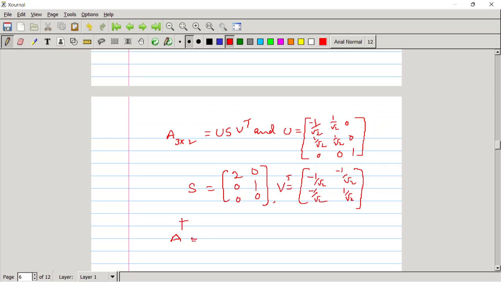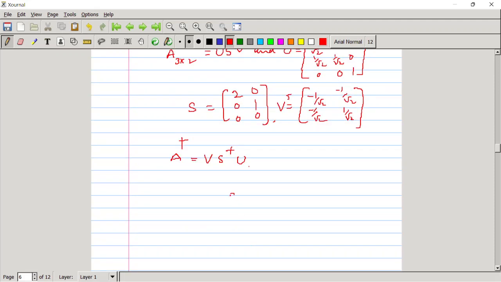Actually, we have one problem of this same kind in this assignment also. If you are following the class notes, we can easily get it. This is nothing but V S plus U transpose, where S plus is 1 by 2, 0, 0, 0, 1, 0.